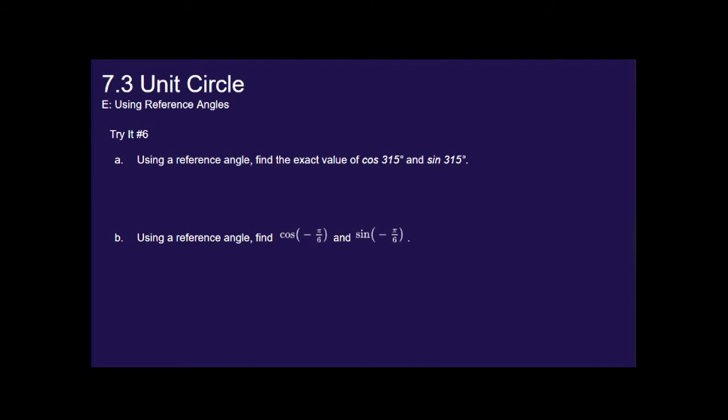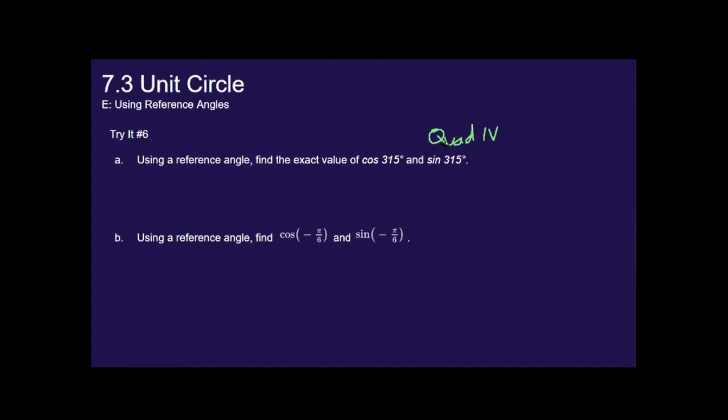Pause the video, work this out on your paper, and then come back and see if you did it correctly. Okay, for the first one, using a reference angle, find the exact value of the cosine of 315 degrees, which means we are in quadrant 4.